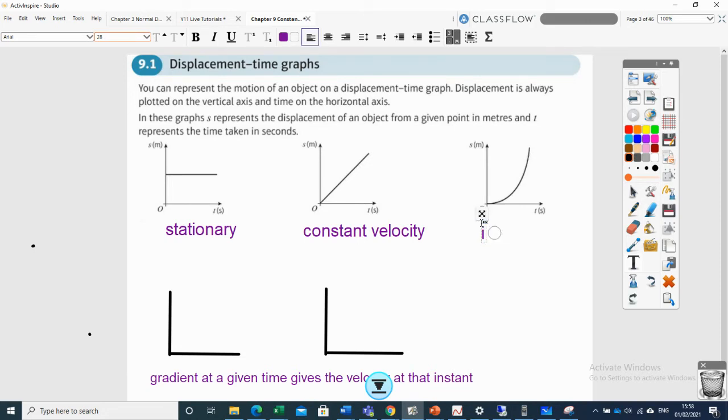So that's an increasing velocity, which we know as acceleration. So if it's a straight diagonal line, it's a constant velocity; a curved line going upwards means it's accelerating.